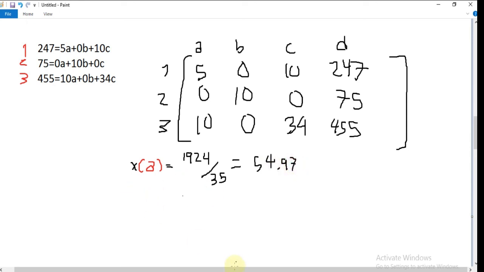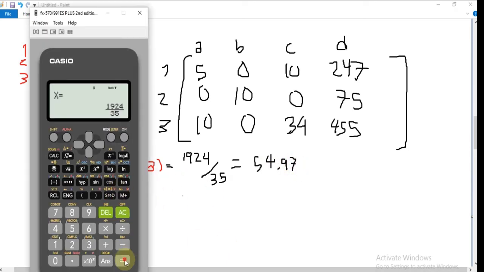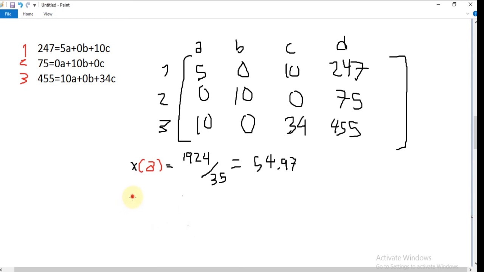54.97. Next is your y. So y equals 15 over 2, or 7.5.